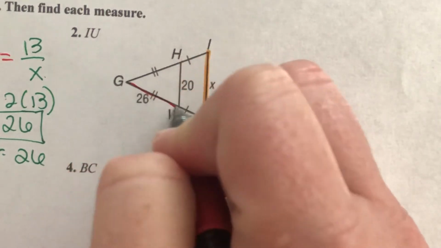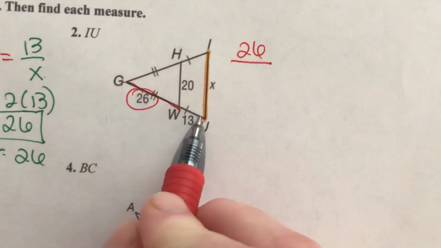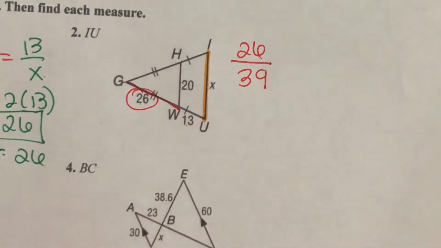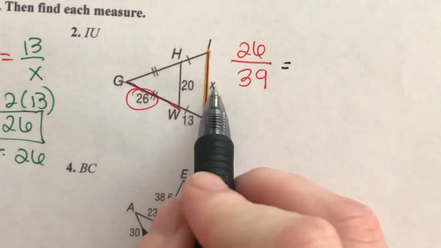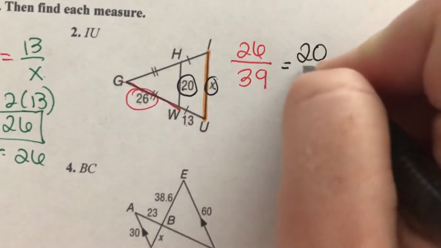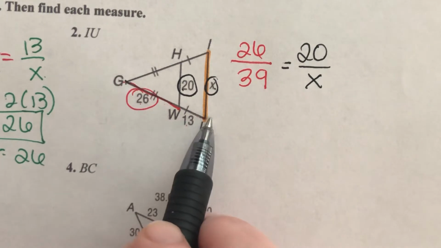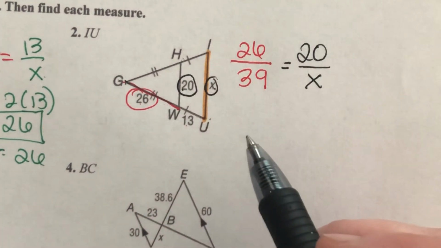So this side right here, 26, compared to the whole side of the big triangle, which is 26 plus 13, or 39. And that should be equal to the bases, the smaller base compared to the bigger base, 20 compared to x. So the small side compared to the whole side should be equal to the small side compared to the whole side, the big side here.